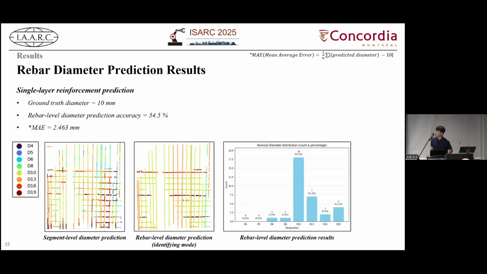All of the ground truth diameters were 10 millimeter. So at the rebar level, we predict the ground truth about 54% of the time, with a mean absolute error of 2.4 millimeter. In the illustration, the yellow line represents the correctly predicted cases.